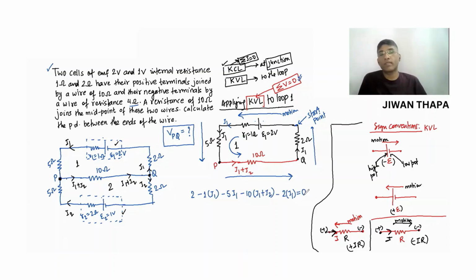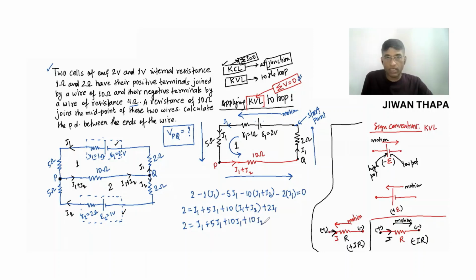On rearranging, we can write 2 equals I1 plus 5I1 plus 10 times I1 plus I2 plus 2I1. So 2 equals I1 plus 5I1 plus 10I1 plus 10I2 plus 2I1.